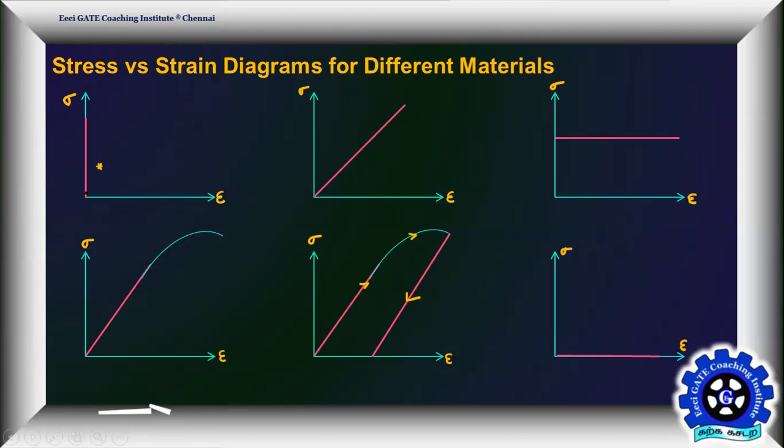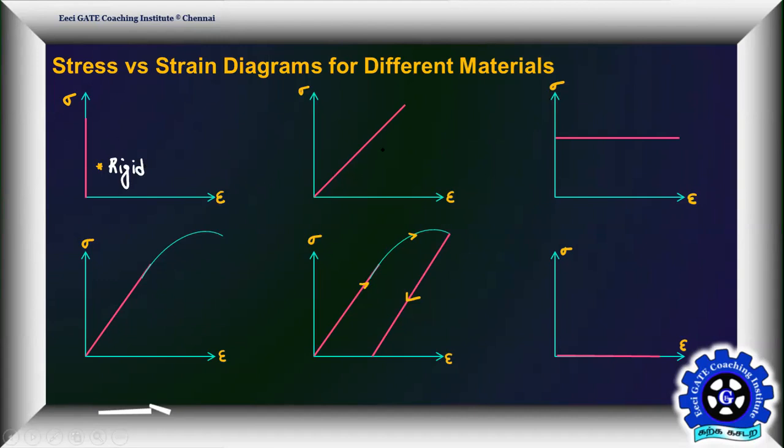Load increases and stress also increases, but deformation is 0. That is the meaning of this figure. Even if you apply an infinite amount of load, there is no deformation. No deformation means no rigid material, then we can call it a rigid material. So this is nothing but rigid. This is for a perfectly rigid material.